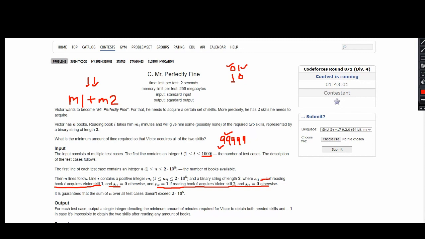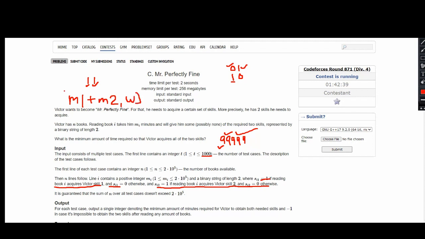Whole is also initially defined to the same big number. Making these conditions, we can get our answer. The answer finally would be the minimum of m1 plus m2 and the whole answer.